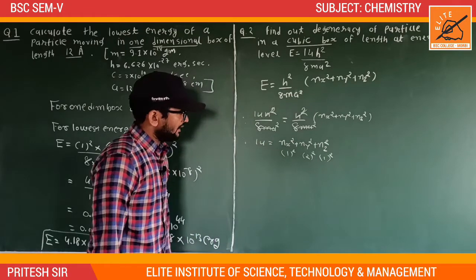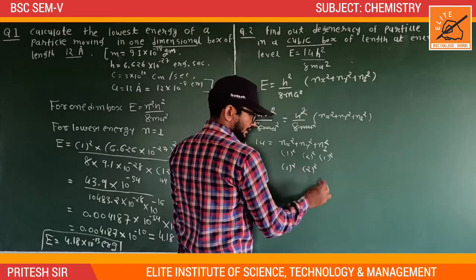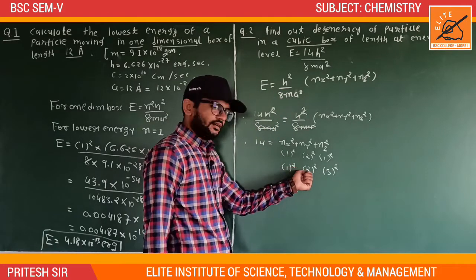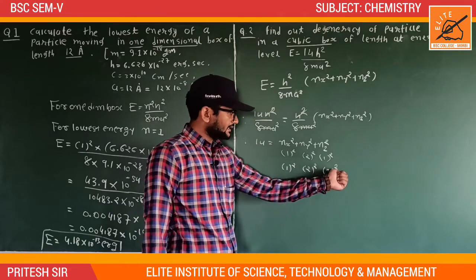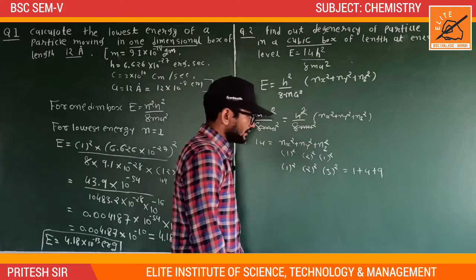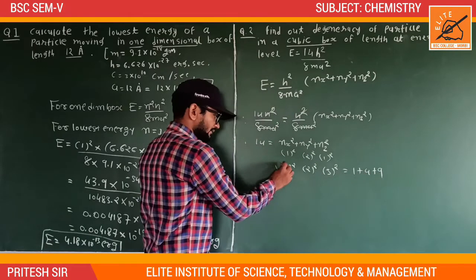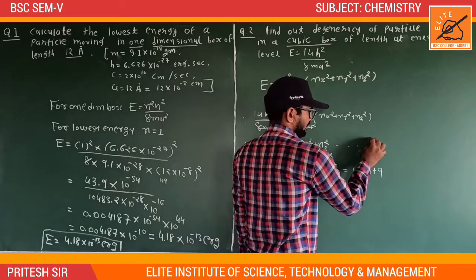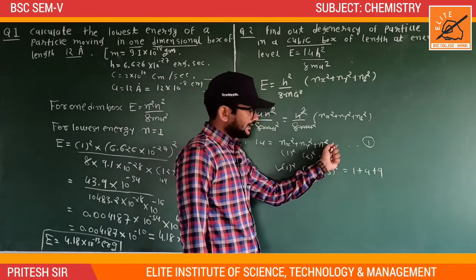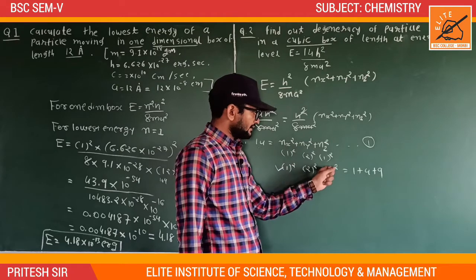If I put nx is equal to 1, ny is equal to 2 and nz is equal to 3, then 1 square is 1, plus 2 square is 4, plus 3 square is 9, it means 1 plus 4 plus 9. The sum of 1 plus 4 plus 9 is equal to 14. So it satisfies equation number 1. So nx is equal to 1, ny is equal to 2 and nz is equal to 3.